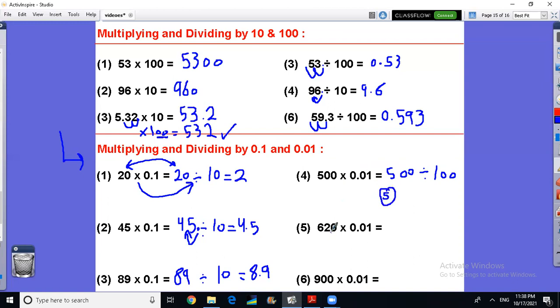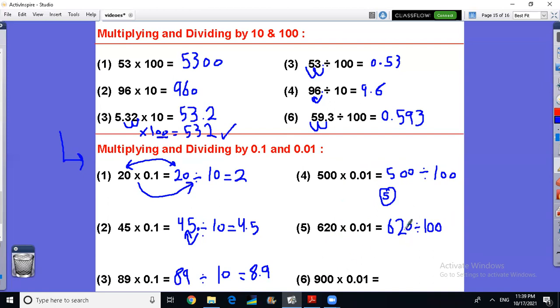What about question 5 here? 620 times 100th. It is the same as 620 divided by 100th. So I'm going to turn multiplication into division, and the 100th becomes just 100.